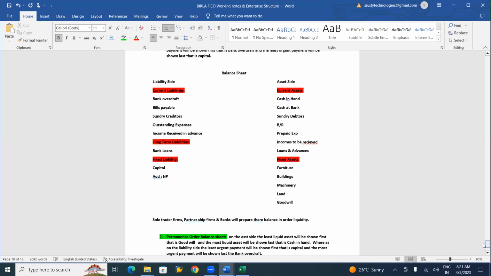In order of permanence, first come fixed assets, and under fixed assets the first item would be goodwill, with the order reversed. After that, loans and advances, and after that current assets.